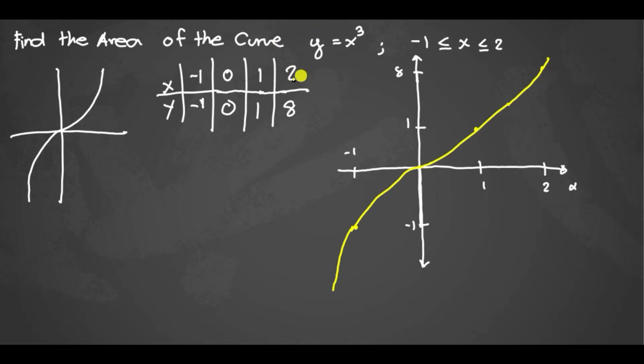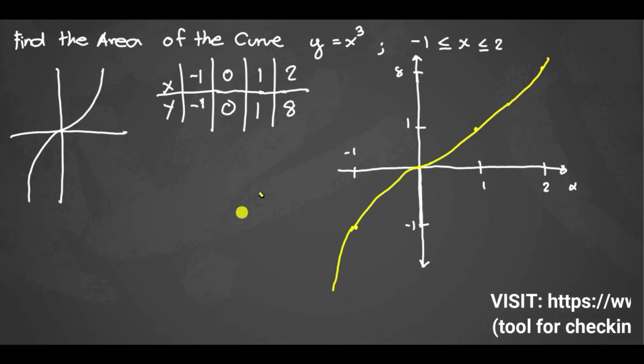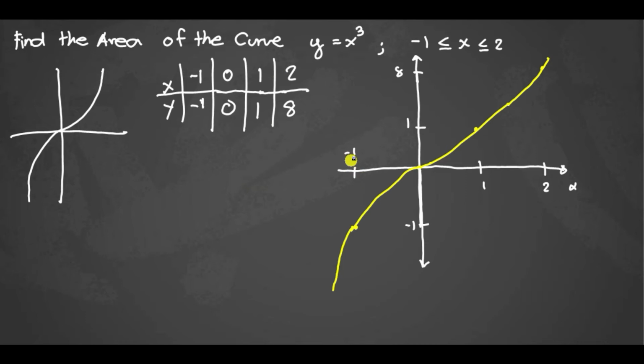Now, pardon my drawing, but you can check your solution by visiting a graphing calculator, or in my case, I usually prefer this site. You can check the description and visit this site, in which our bounded region is x equal to negative 1 and x equal to 2.